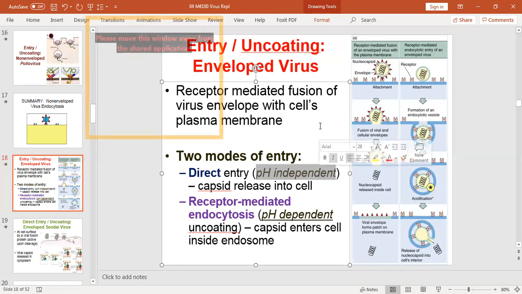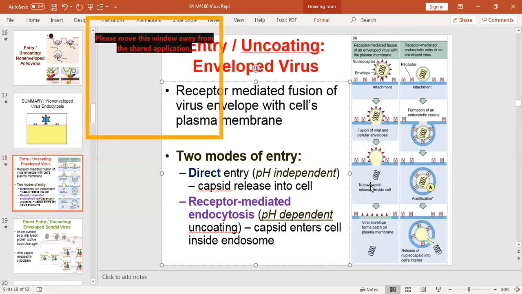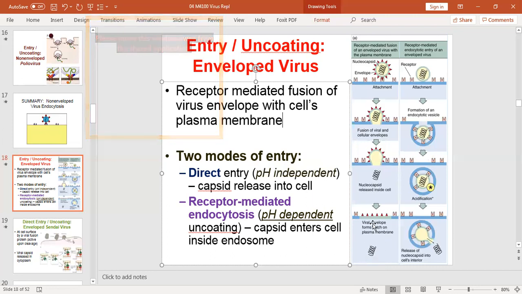It does not require a change in the pH, no endosomes, and as shown in the left hand side of the figure, the capsid of the virus will be released into the host cell. And at this time, the genome of the virus will be released inside of the cell. You will see a term called nucleocapsid. This is the combination of the nucleic acid of the virus and capsid.